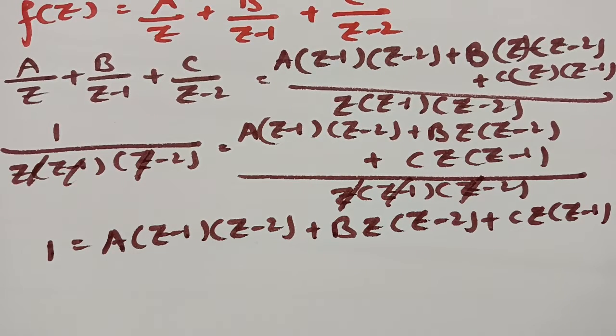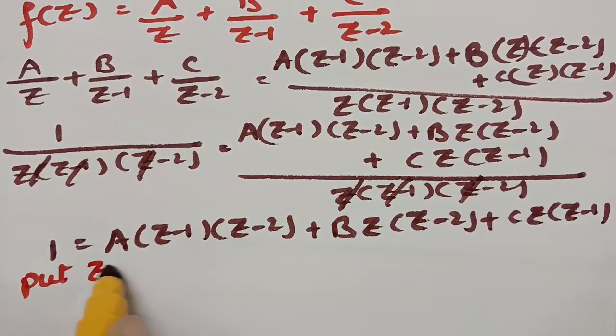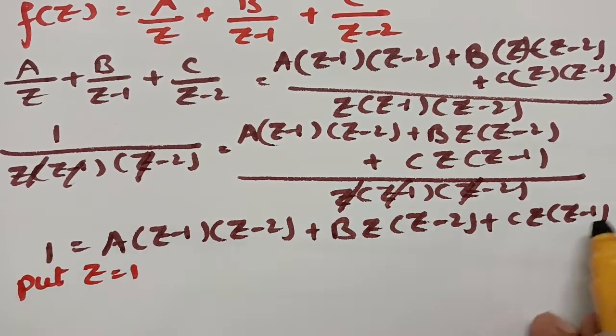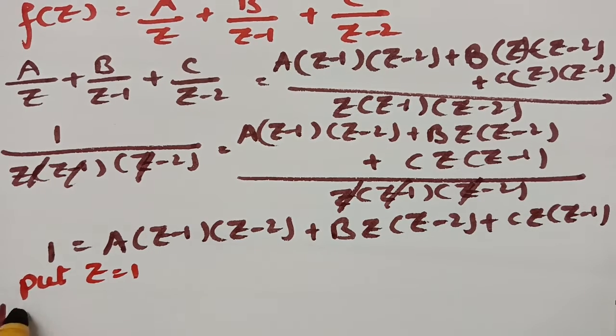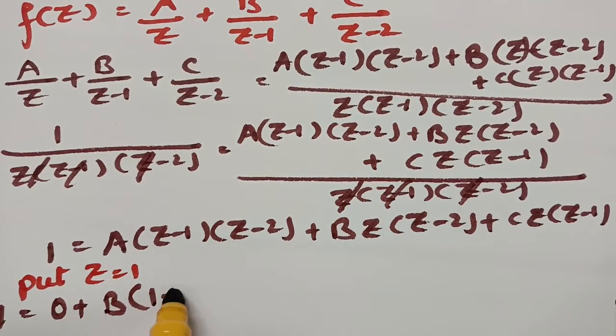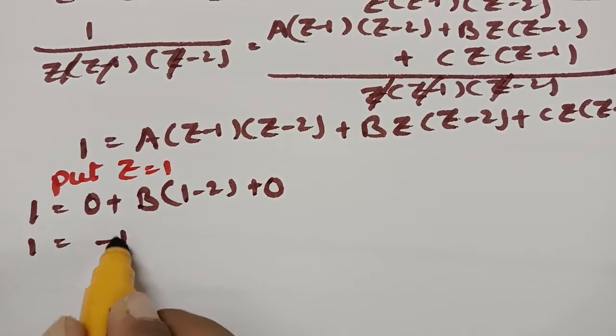So if I put z is equal to 1, see what I am going to get. If I keep z equal to 1, this will be 0, this will be 0. What remains here? 1 is equal to 0 plus b into 1 into 1 minus 2 plus 0. Therefore, 1 is equal to minus b.